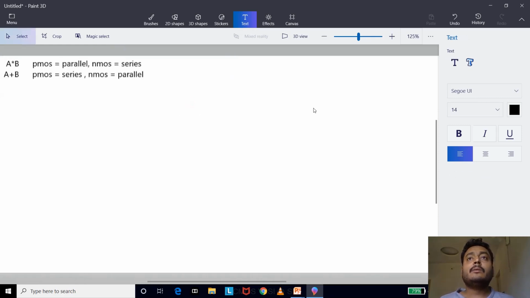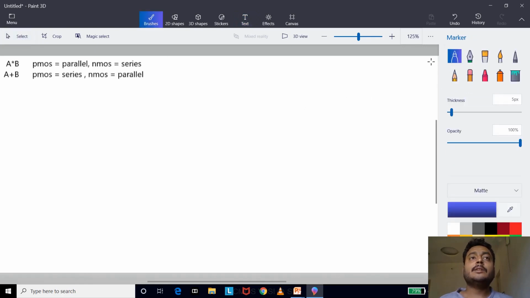Right. So now, the general structure for any CMOS circuit will be something like this. You'll have the VDD line, and you will have a network which we call the pull-up network.